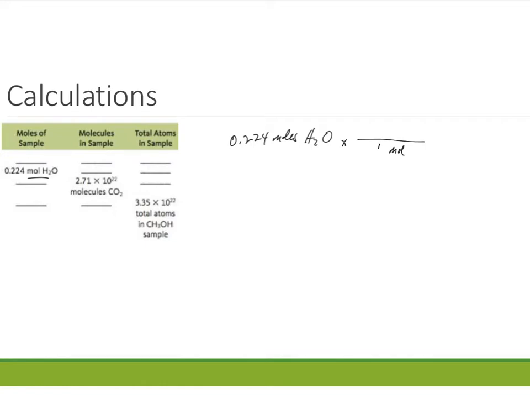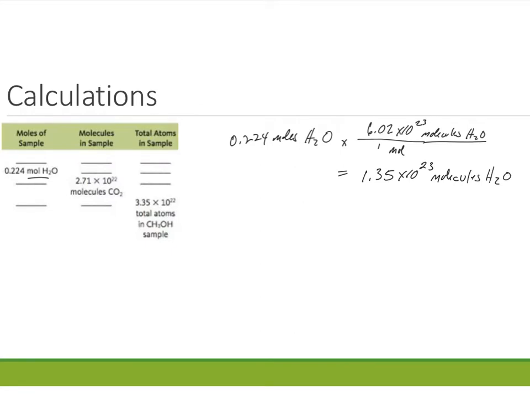Since Avogadro's number has the unit of per mole, the 6.02 times 10 to the 23rd molecules of water is on the top. When we do that multiplication, we get 1.35 times 10 to the 23rd molecules of water.